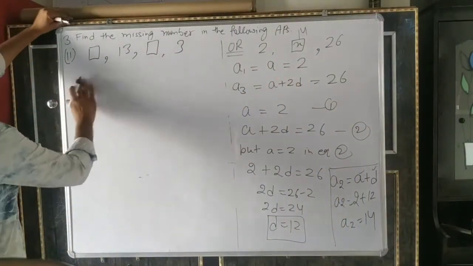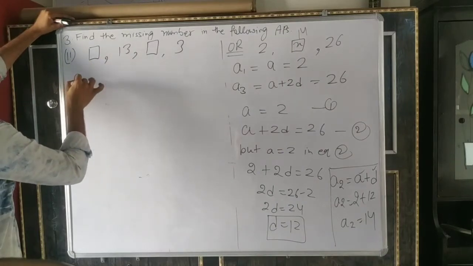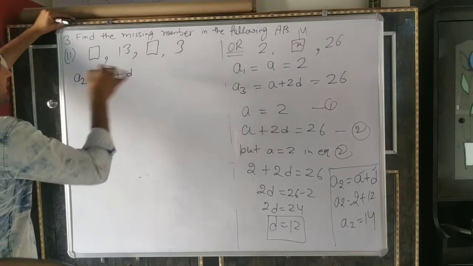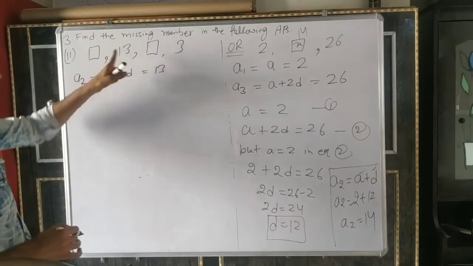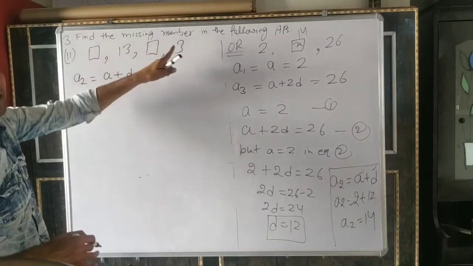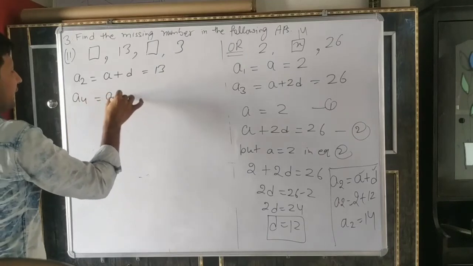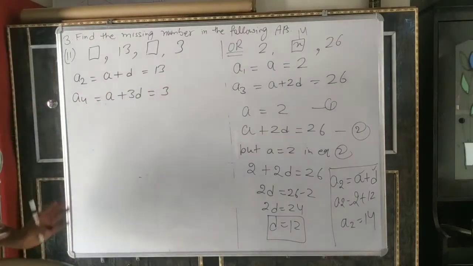So what will we write? We want to find A1. It is A1, it is A2. So A2 is always A plus D, how much? 13. And it is A1, A2, A3 and A4. So A4 is A plus 3D, equal to 3. Understand or not?